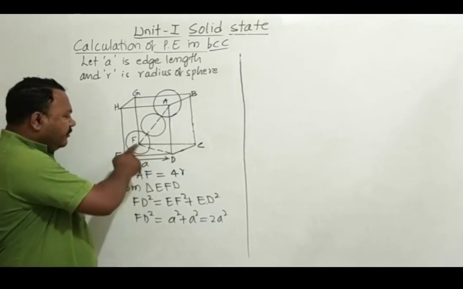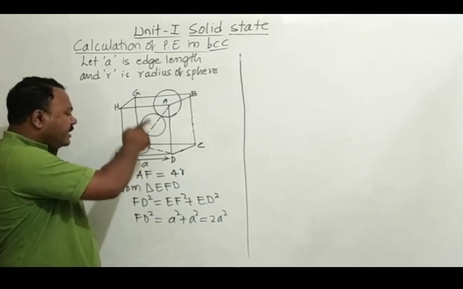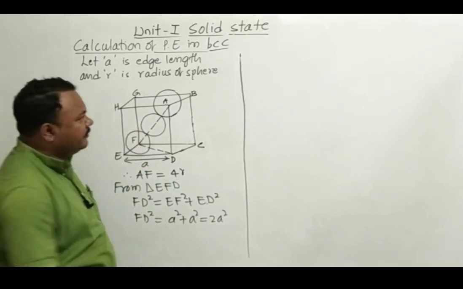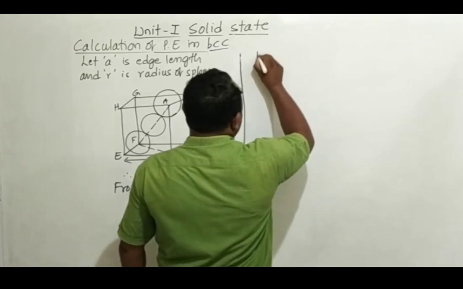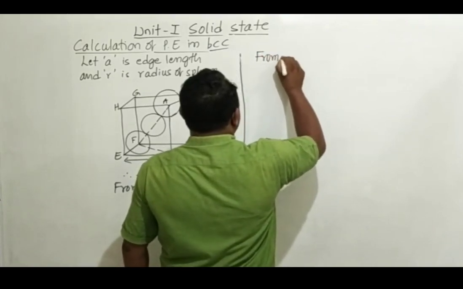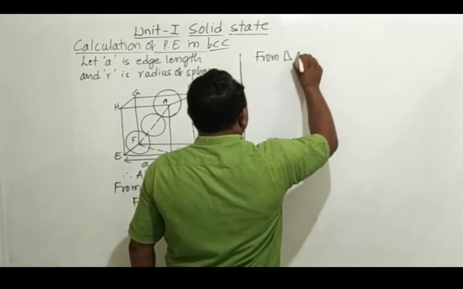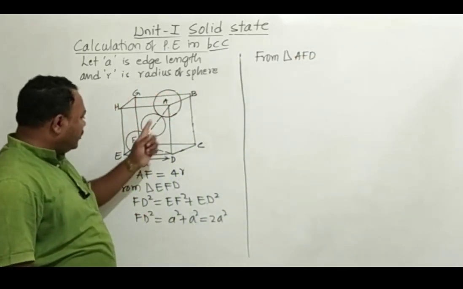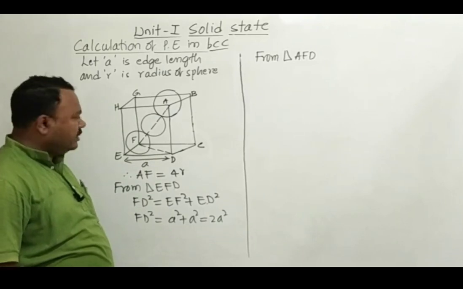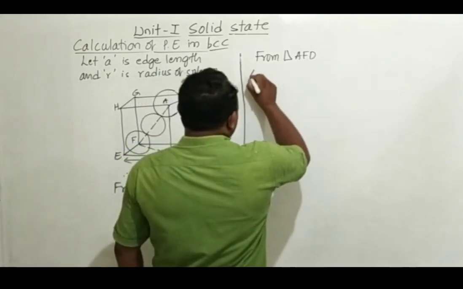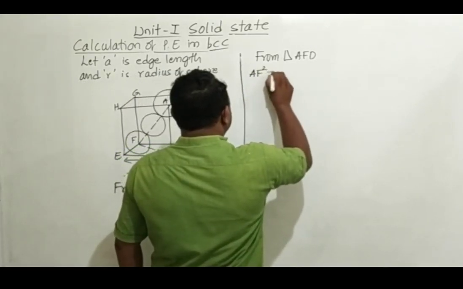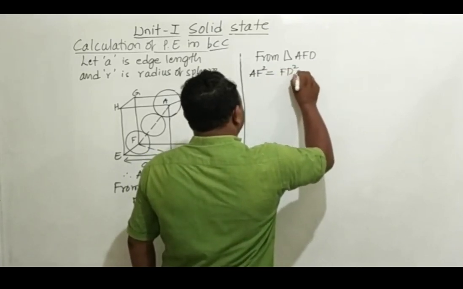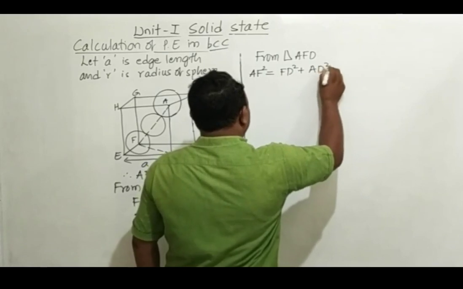Now after getting FD value, let us take a right angle triangle AFD so that we get relation between A and R. From right angle triangle AFD, we can write AF square is equal to FD square plus AD square.